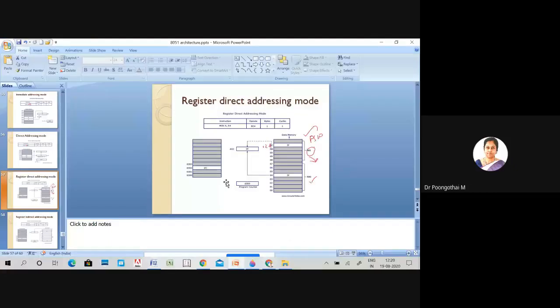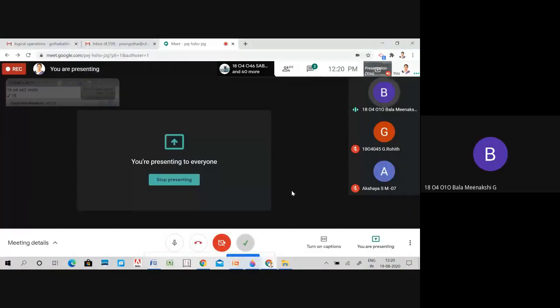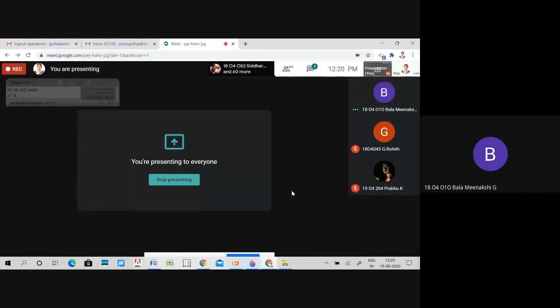Ma'am, I have a doubt: how will it distinguish between bank 0 or bank 1, because that selection can be done by the user side? Using PSW, we can select the bank. Using programming methods, we can modify the PSW content. Suppose if you want to select bank 2 or bank 3, using PSW we can select the banks.